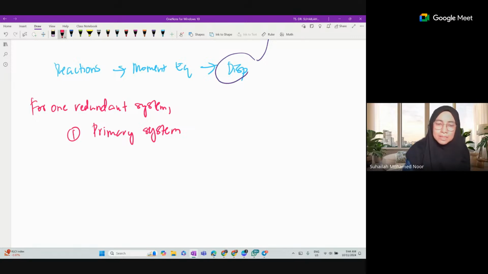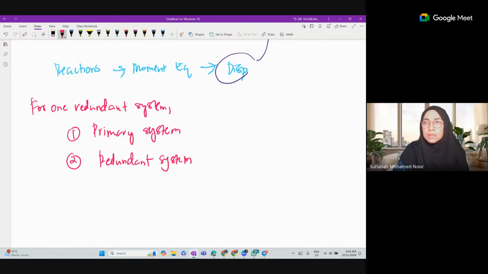Number two is the redundant system. So what do we do with these systems?